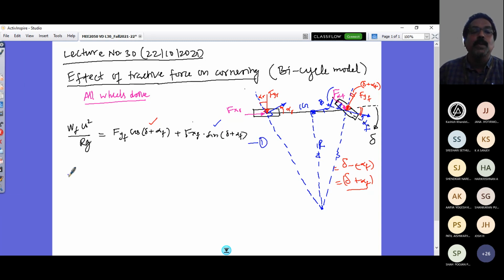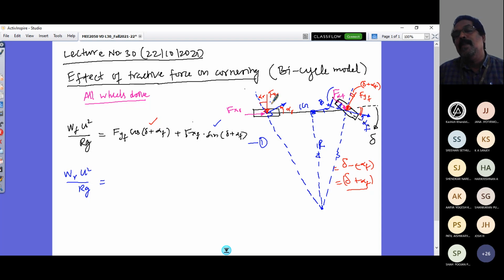So what is my equation 2? That is the centripetal force at the rear axle wheel contact at the road. So that is WR into U squared by RG. And that's going to be equal to, now here I have Fyr. Fyr is perpendicular to the wheel plane, but the velocity is in this direction because of the slip angle.